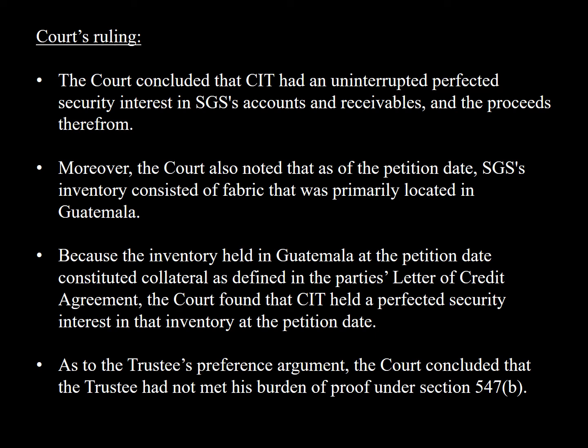So the court concluded that CIT had an uninterrupted, perfected security interest in the debtor's accounts and receivables and the proceeds therefrom. And that was not interrupted by the bankruptcy case. The bank was a secured creditor in the inventory and in the cash. As to the trustee's preference argument, the court said you didn't meet your burden of proof under 547B5. This creditor was secured. It's going to be paid in full anyway.